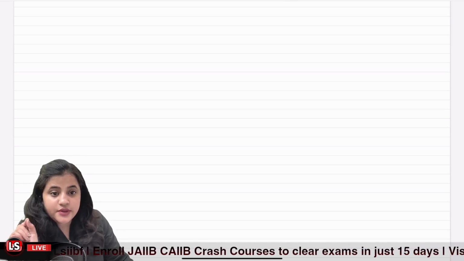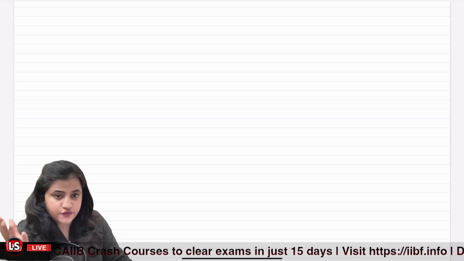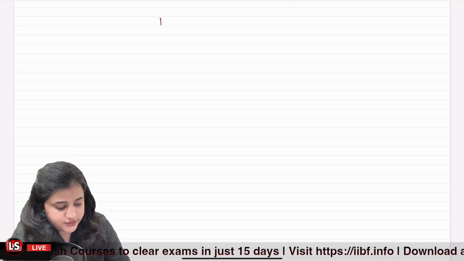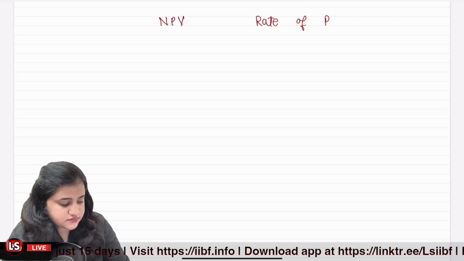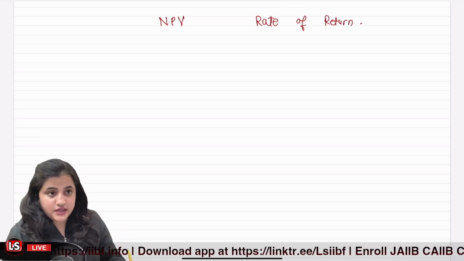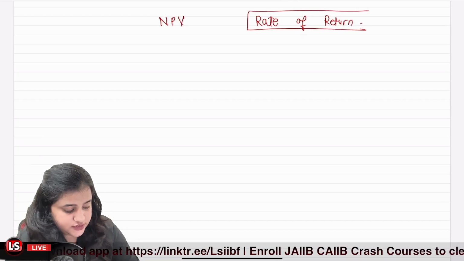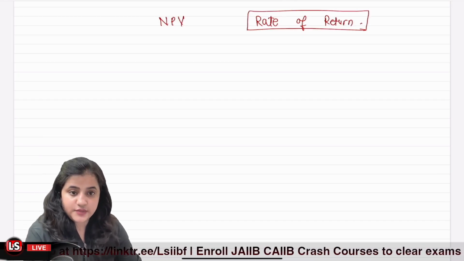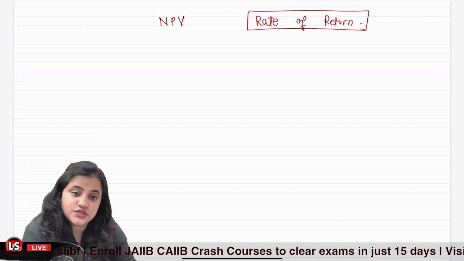You must remember in that calculation we were already given a rate of return that we used to calculate the NPV, right? We had a rate of return in each project. But in IRR, we need to calculate this internal rate of return of the project. And that is our ultimate calculation. So, how do we calculate the rate of return is the question here.